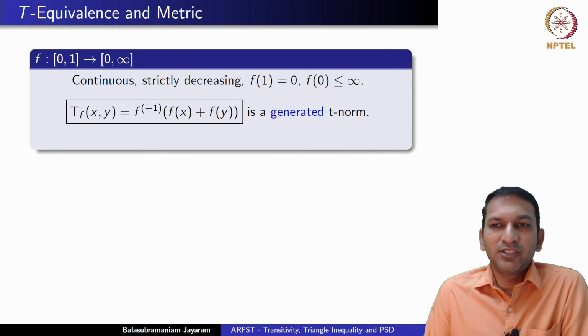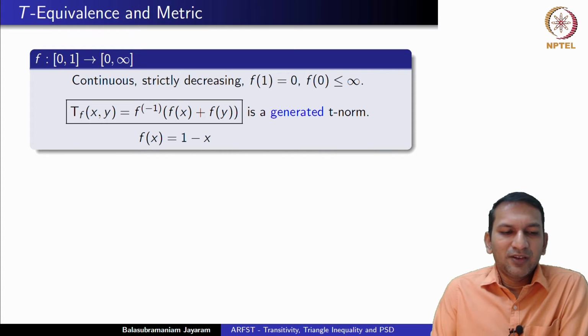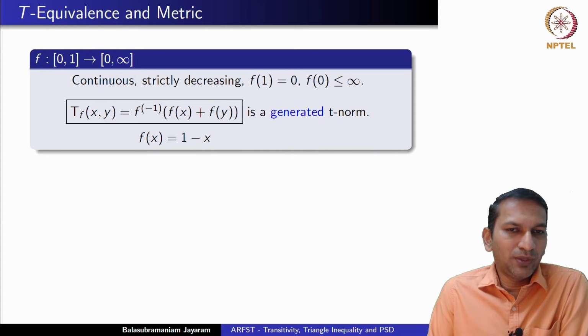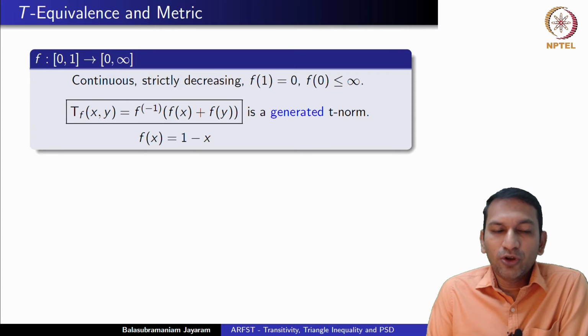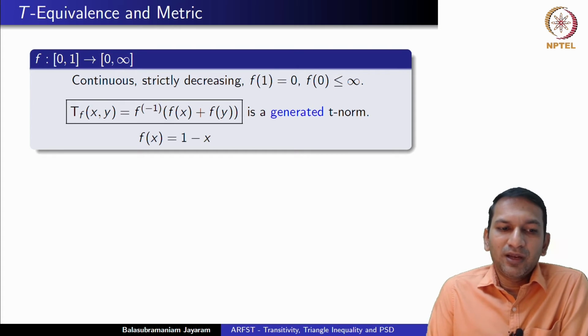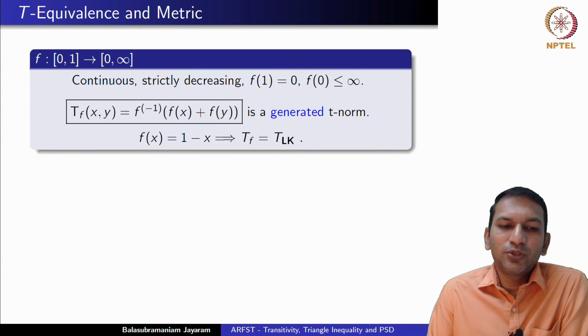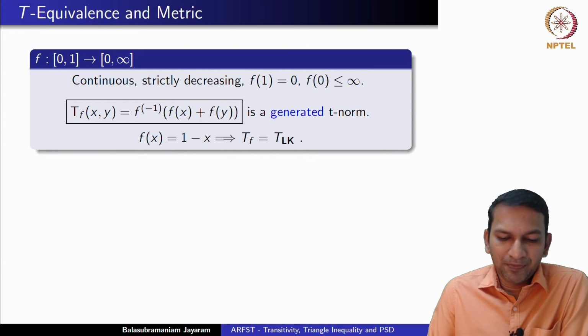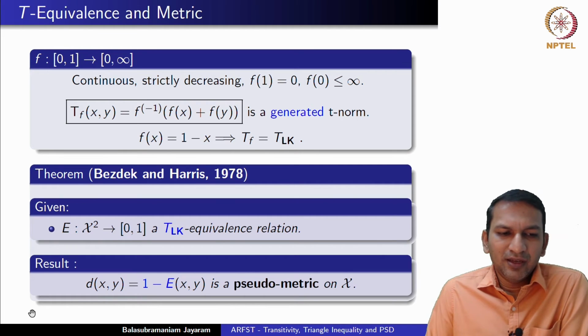It is also called a generated T-norm from f. Now what is interesting is, when you look at f of x is 1 minus x, you can either look at it as a fuzzy negation, or also a generator of a T-norm. And we know that this actually gives rise to the Lukasiewicz T-norm. Note, this is the result obtained by Bezdek and Harris in 1978.